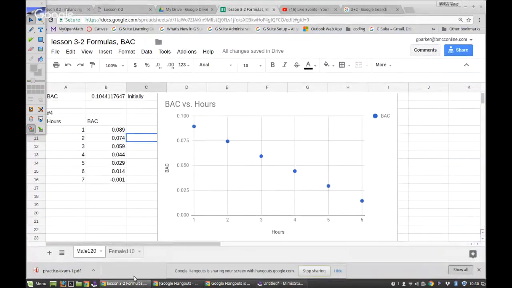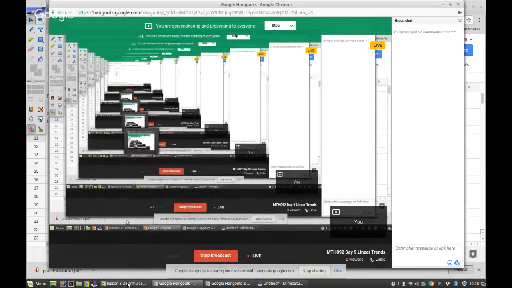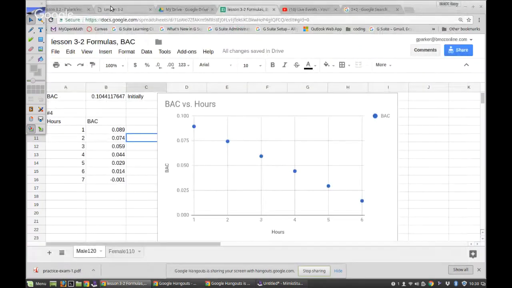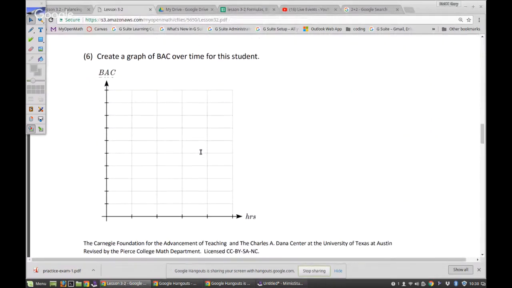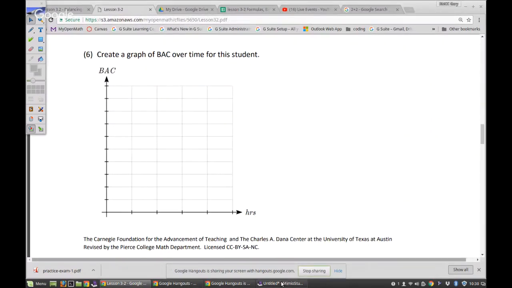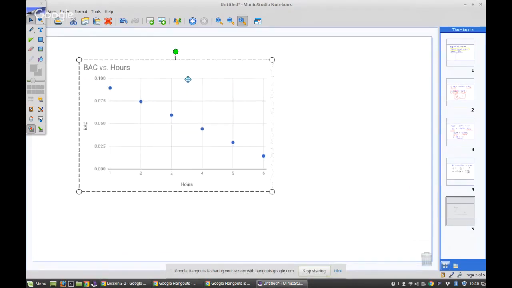If you didn't draw one in there, you have it on your spreadsheet, so just look at the spreadsheet. Question number 6 is what my graph refers to here. I'm just going to blow this up a little bit.